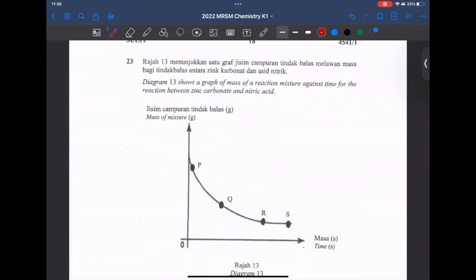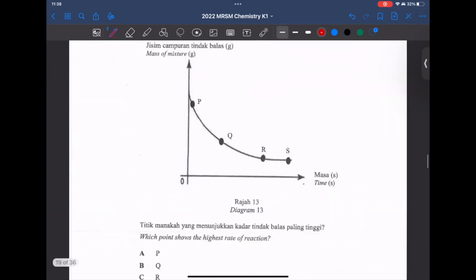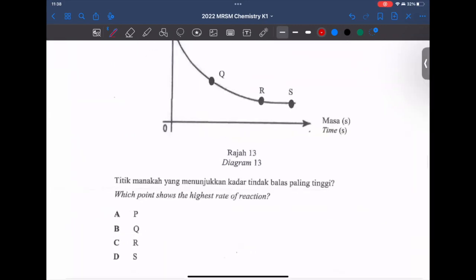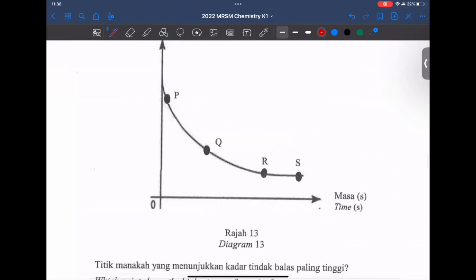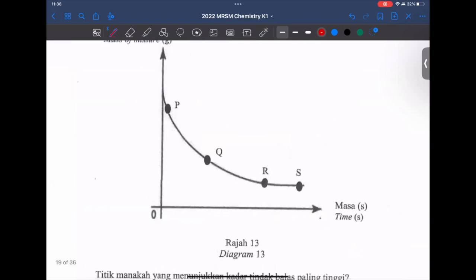Diagram 13 shows a graph of mass of a reaction mixture against time for the reaction between zinc carbonate and nitric acid. So you have P, Q, R, and S. Which point shows the highest rate of reaction? Highest rate of reaction means steeper gradient. The steeper the gradient, the higher the rate of reaction. You see that initially, the steepness of the curve is very steep.